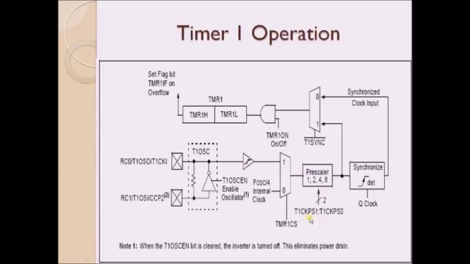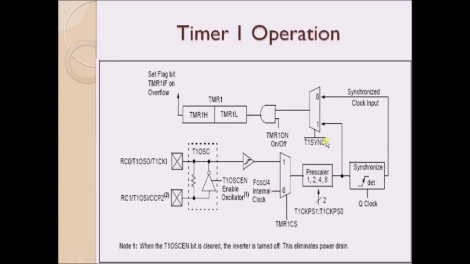And here you have a prescaler by which you can divide the incoming clock by any one of these factors. We can also synchronize it, or else we can go with the direct, that is the do not synchronize option. That is selected with the help of this T1 SYNC bar bit. If this particular bit is logic 1, then it will not be synchronized. The external clock will not be synchronized with the internal oscillator clock.